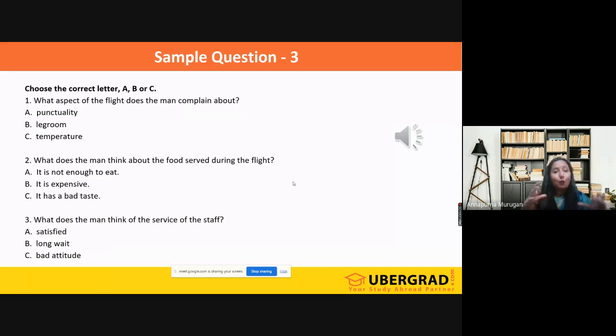Totally, they are talking about the man's thinking. The first part is asking you what complaint he made, then about the food, and then about the service of the staff. Remember, the food served during the flight, very keen things you need to remember. And the service of the staff, what does he think about?